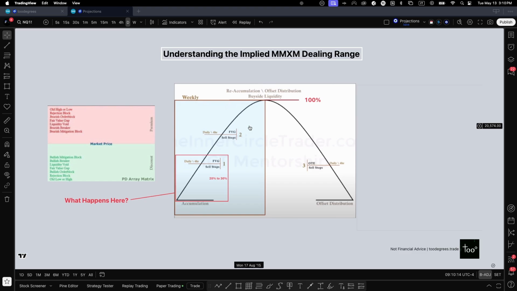Now the sell stops is where I want to ask you the question. Because if we're looking at the PD array matrix and we're at fair value gap, why is ICT referencing a low again? Why are we resetting the PD array matrix all of a sudden? And if you guys watch the live streams from Josh, you should know this immediately. What are we looking for there? Why is the sell stop important?